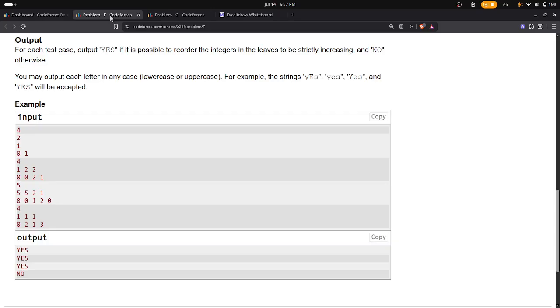Okay, now we have 3 and 4, 3 has value 1, 4 has value 2. Initially it is not increasing, but we can make them increasing by just doing a cyclic shift at 5 basically.